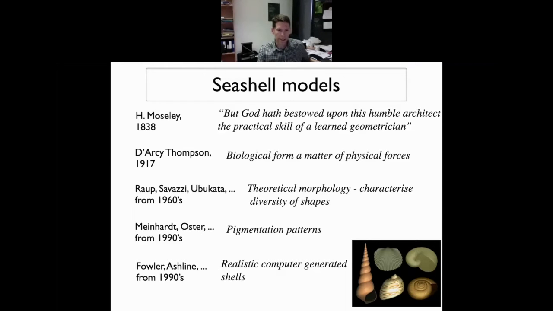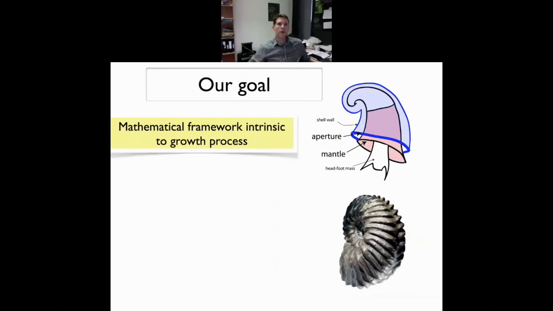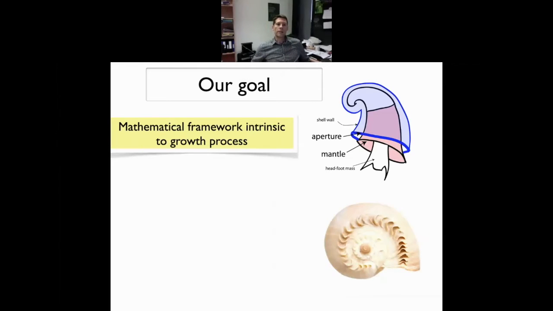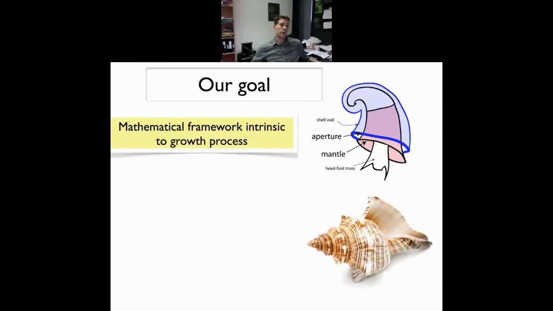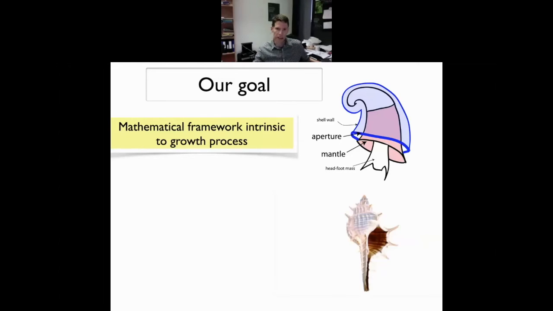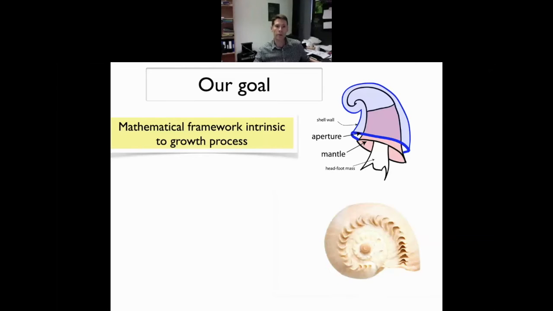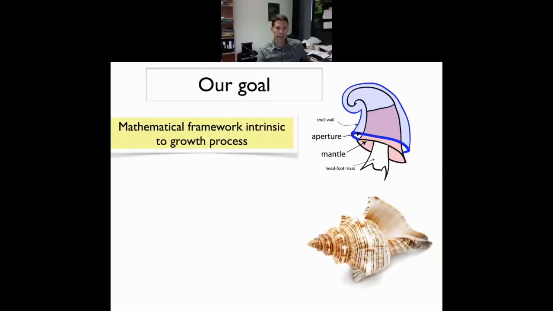But what I think is missing in this picture is mechanistic understanding of the shell form. Our goal has been to produce a mathematical framework that can reproduce shells, but not just by making a shape that looks like the shell, but in a way that informs us as to how and why the shell looks the way that it does.